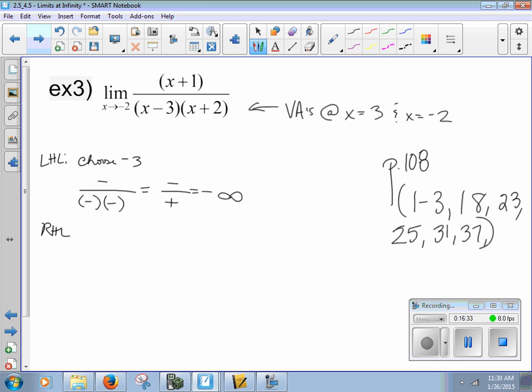Okay, right-handed limit. What did you choose? 0. Okay, 0's good. All right, so 0 plus 1 is a positive. Positive divided by negative is a negative. What's the limit of this one? Negative.